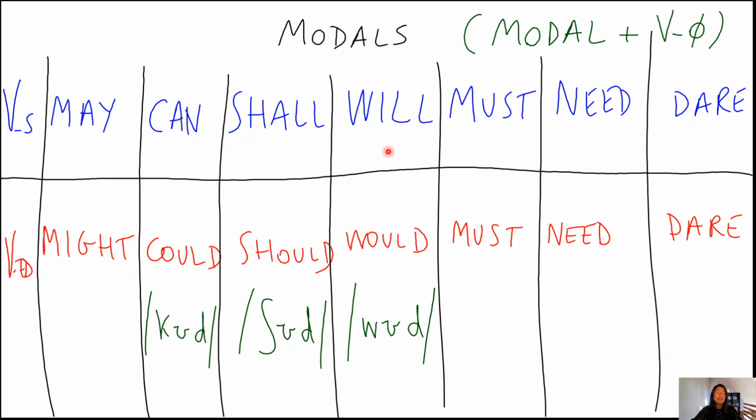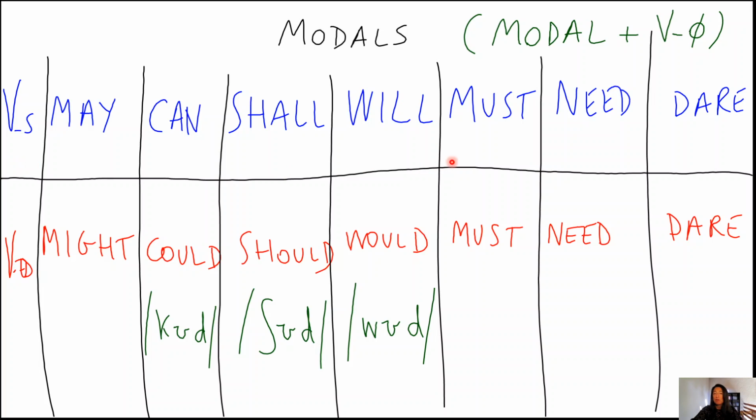But it is really important to realize that will is not the future, contrary to what many students think. There is actually no future tense in English. There's only the present tense and the past tense. And will, again, I'm repeating myself, is a modal in the present tense.